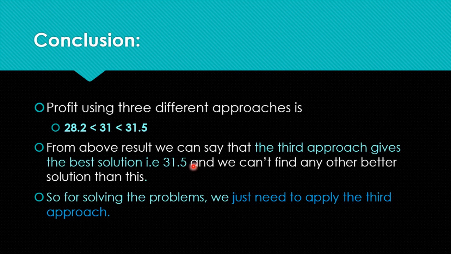The third approach gives the best solution, and we can't find any better solution than this, because there is no other approach which can find a better solution. So we cannot have a value greater than 31.5. For solving problems we just need to apply the third approach and not the first and second approaches.